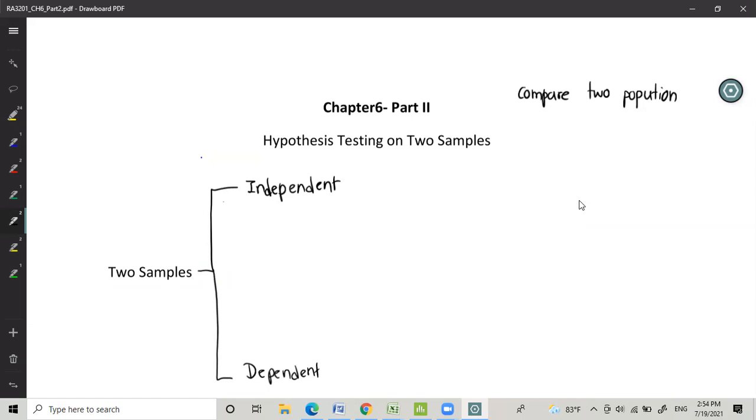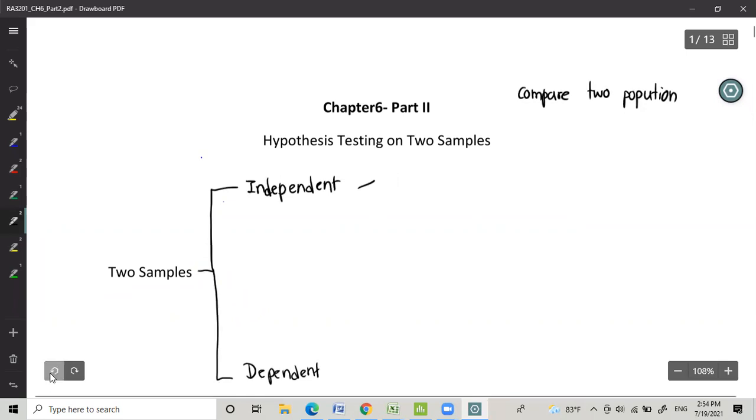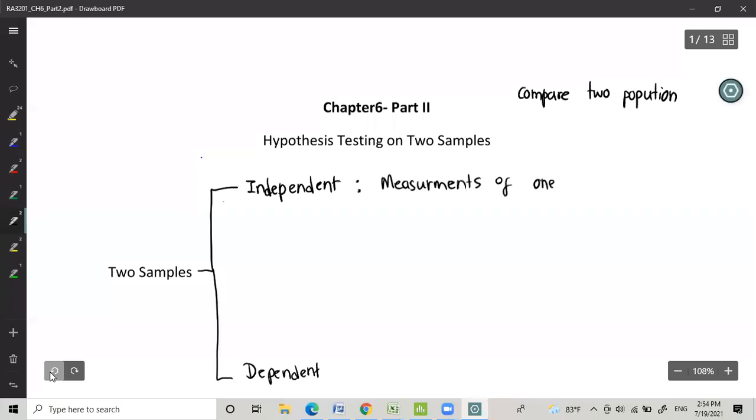Then we say the two populations are independent. Okay. So when you have independent populations, we'll say the measurements of one population does not affect or does not depend on the measurements of the second population.